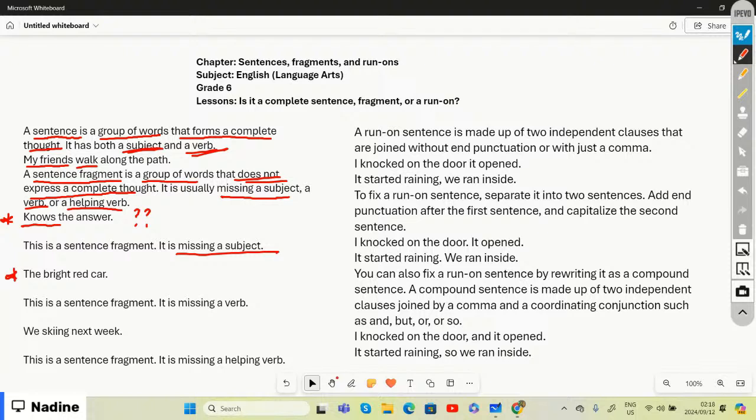If we look at that, it says the bright red car. There we have our subject. But now the question is, what is the bright red car doing? Which means that it is missing a verb. There's no verb. It's not telling us what the bright red car is doing.